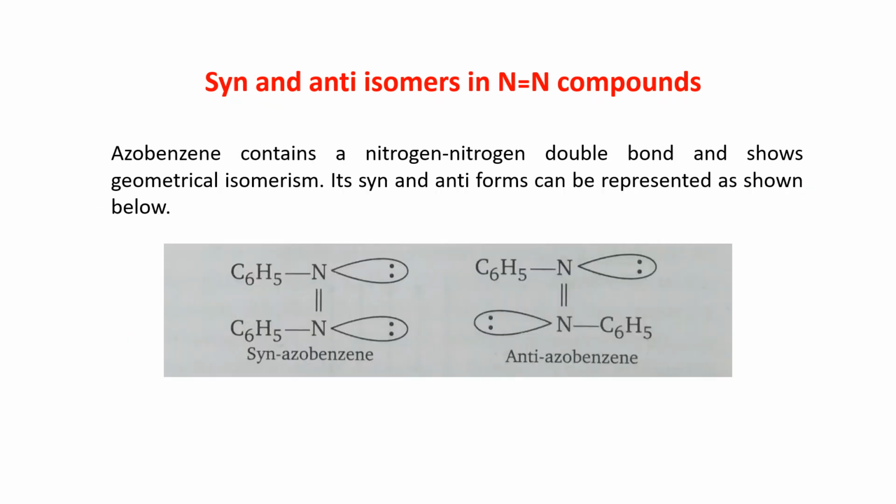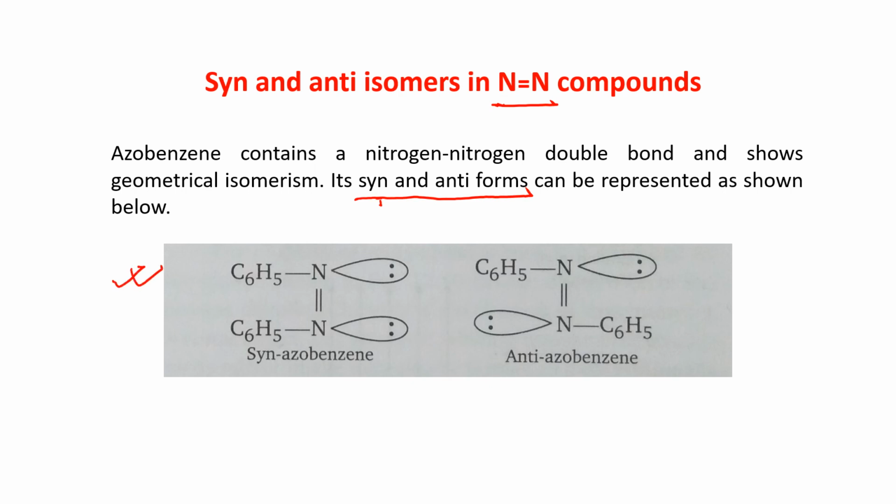Another example of syn and anti isomers is present in N=N double bond compounds. Azobenzene contains a nitrogen-nitrogen double bond and shows geometrical isomerism. Its syn and anti forms can be represented as shown below.